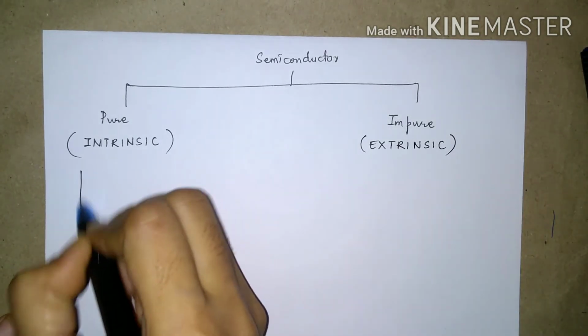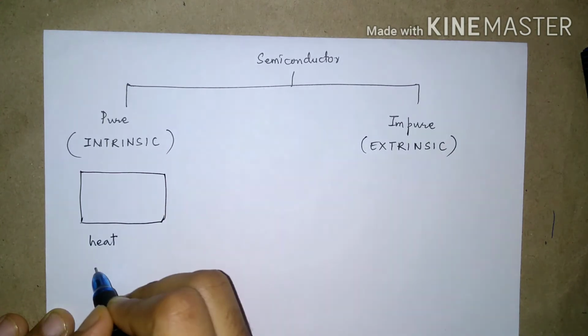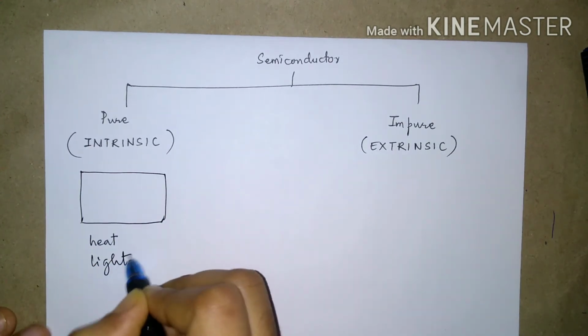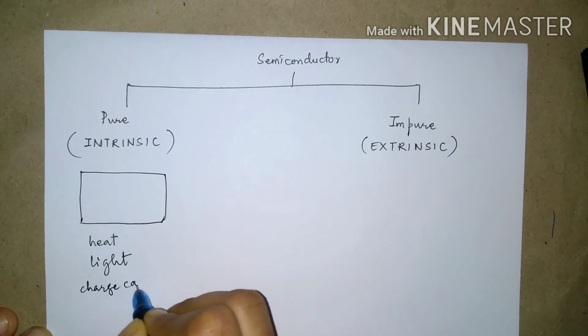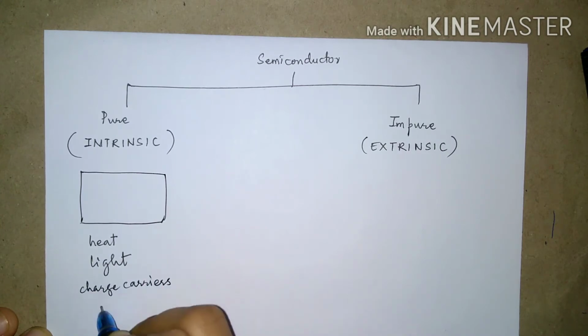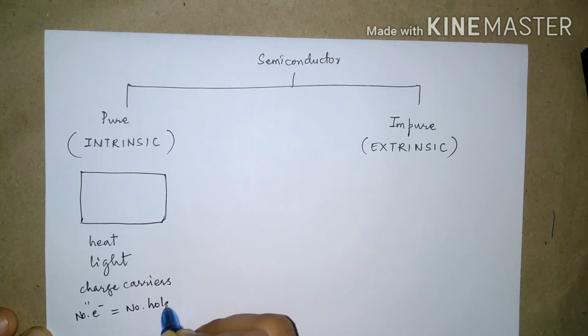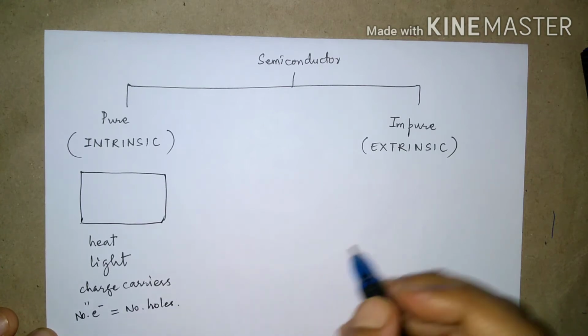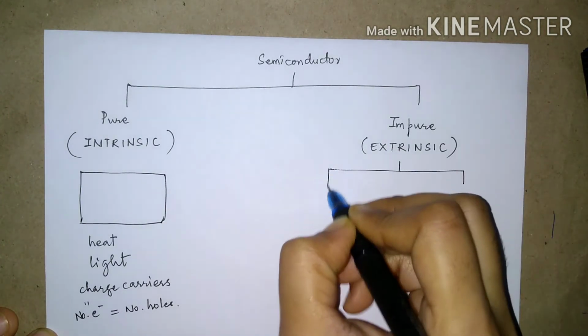A pure semiconductor is getting affected by heat and light, and charge carriers are getting created. Whatever charge carriers are getting created, the number of electrons will be equal to the number of holes. Right?